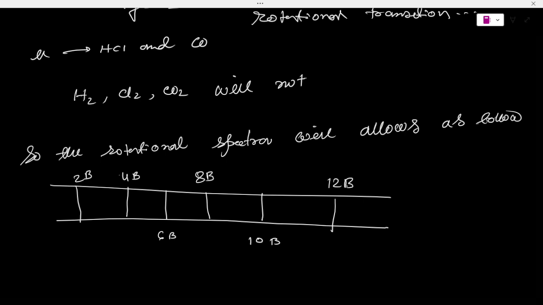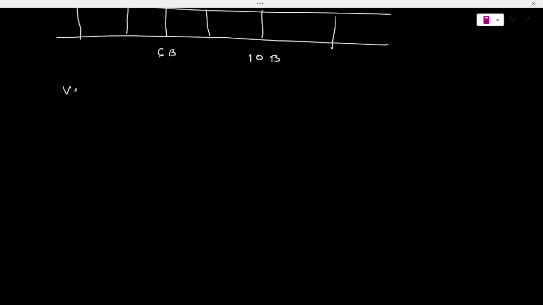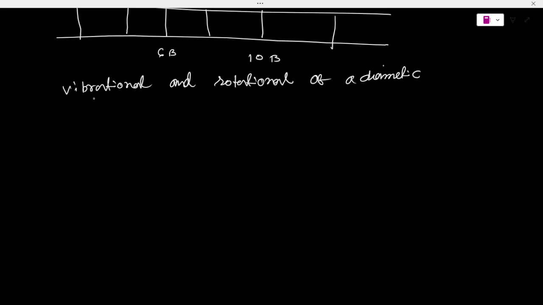Now, vibrational and rotational of a diatomic molecule, let's say this is a heading. We know that a simple pendulum or stretched string exhibits simple harmonic motion about the equilibrium position. So the molecule also does.